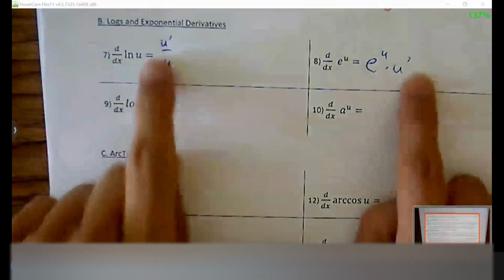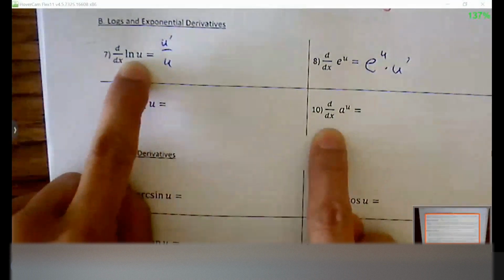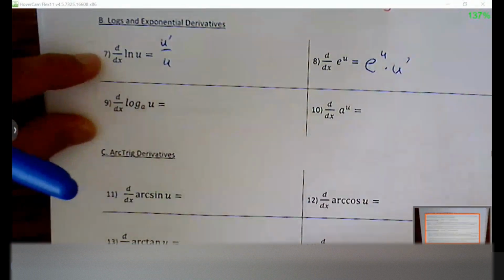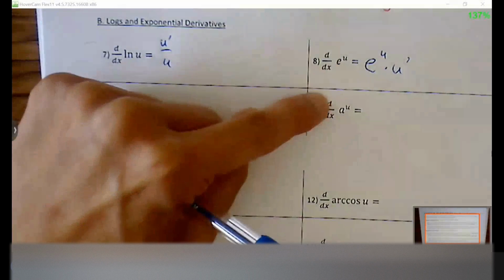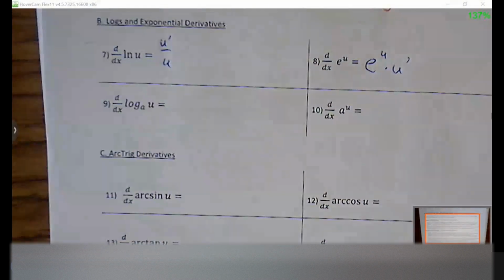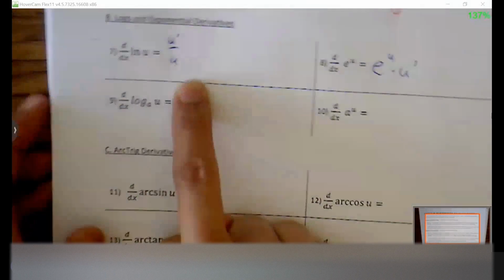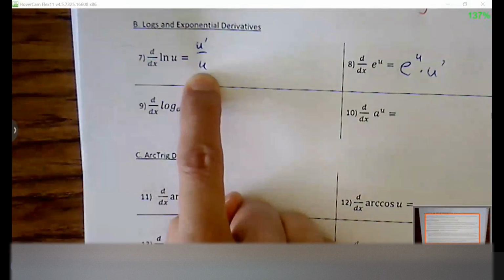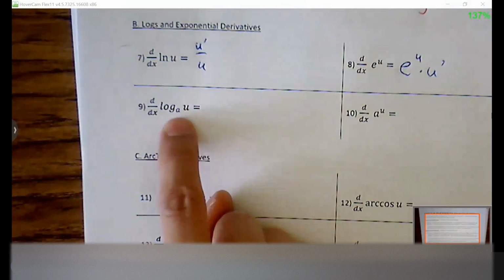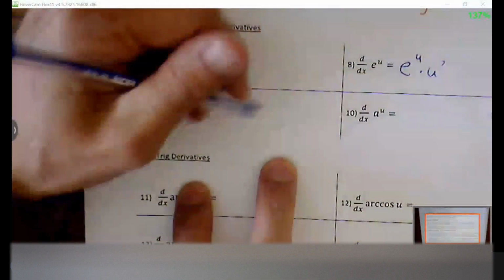And the reason why I like to organize in this form is because natural log and log base a are very similar. E to the u and a to the u are also very similar. So if you can look at u prime over u, then just know that log base a of u is going to have a very similar pattern.